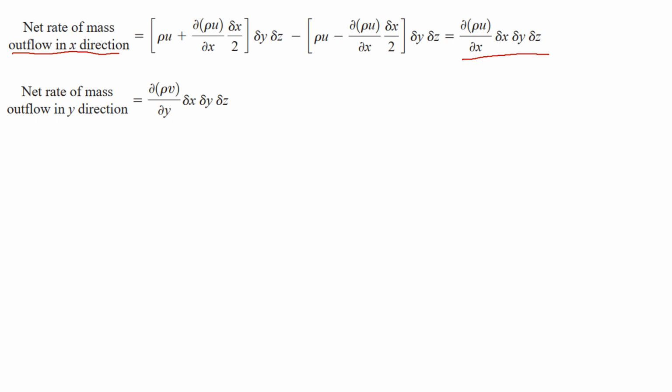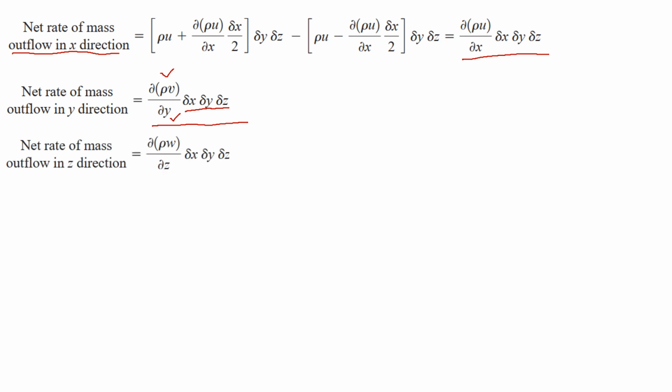The net rate of mass outflow in the y direction will be given by this term, that is the partial change in the mass flow rate per unit area in the y direction multiplied by the volume in which this change is occurring. Then the net rate of mass outflow in the z direction is the partial change in the mass flow rate per unit area in the z direction in this volume.